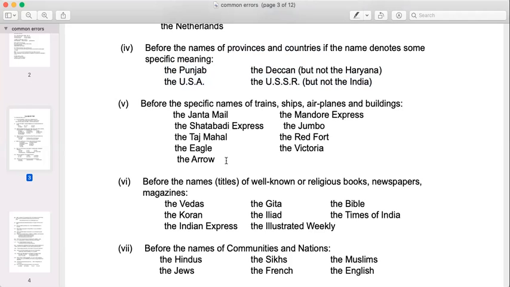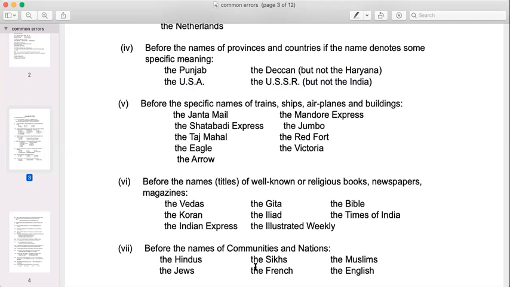Next use of "the" is before the names of religious books, newspapers, or magazines. The Vedas, the Quran, the Gita, the Iliad, the Bible, the Times of India, the Indian Express, the Illustrated Weekly.